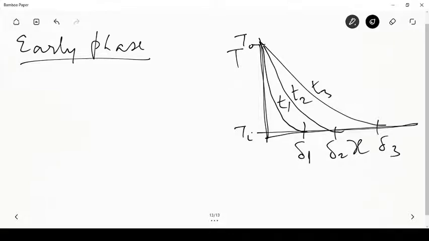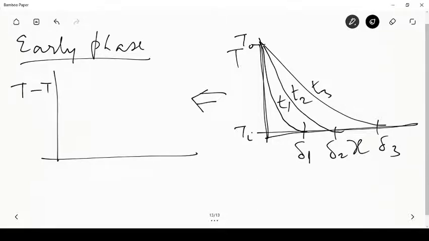Now all of these actually can be unified into a single plot of, let us say, (T minus Ti) divided by (T0 minus Ti), plotted against, instead of x, you normalize it with respect to x divided by delta at any given time t.